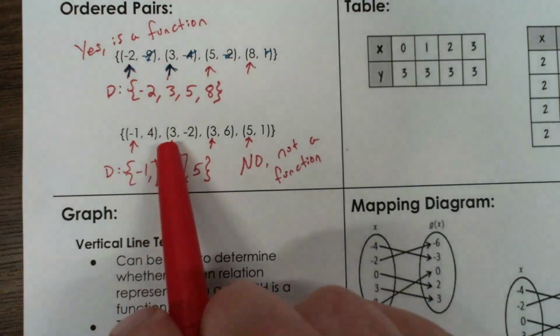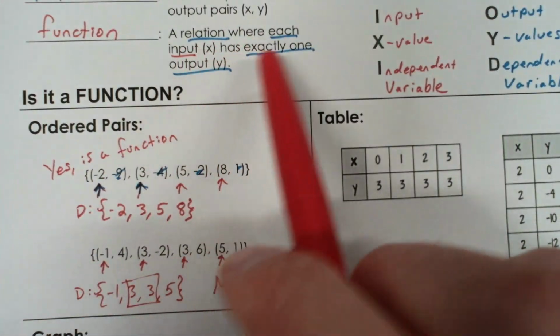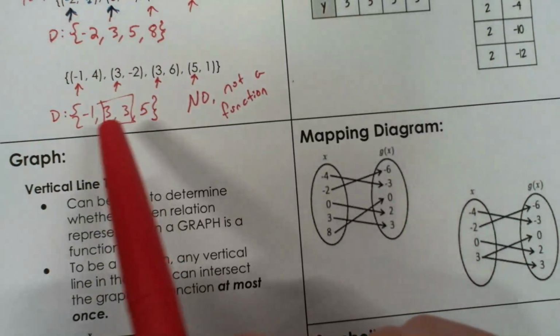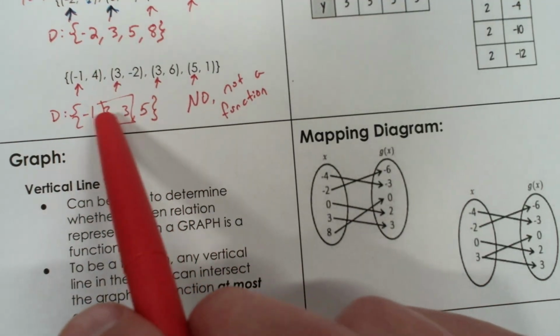Because these x values repeat, that means we have one x value and two different outputs. We can't have that. There can only be one. Imagine going to the Coke machine and pressing to buy a Coke and all of a sudden getting a Mountain Dew. That's what's going on here. We cannot repeat these values.